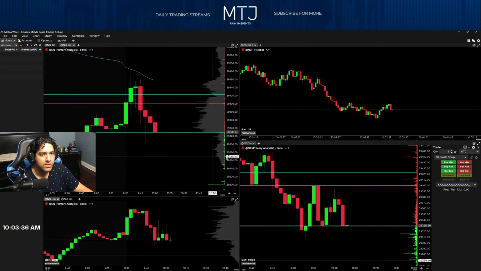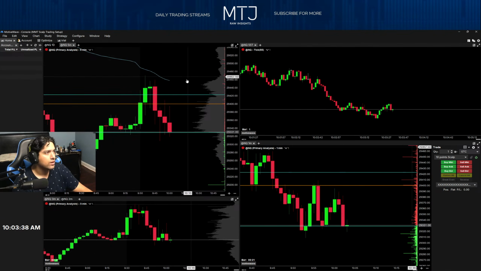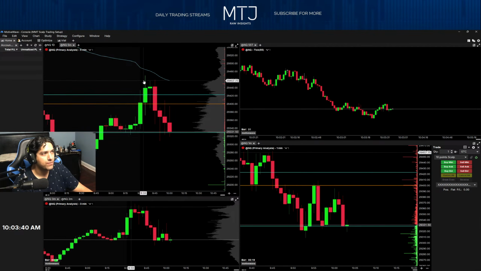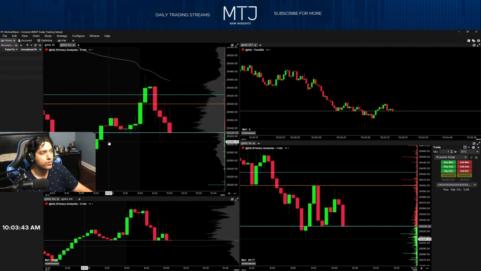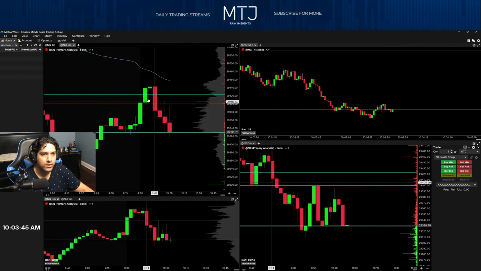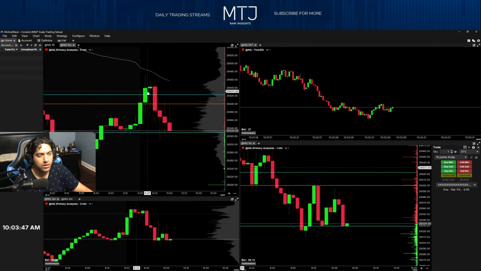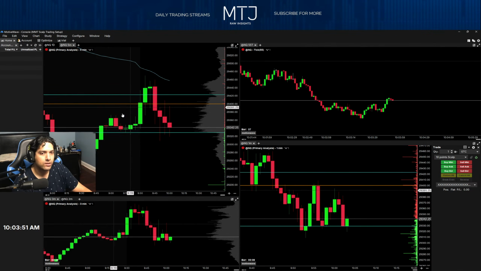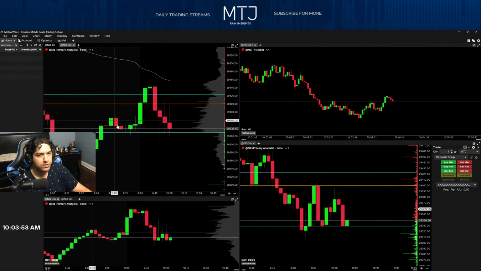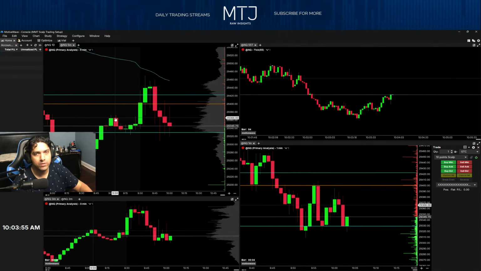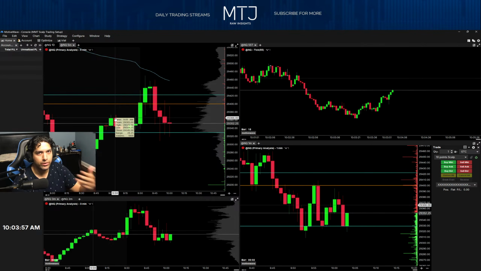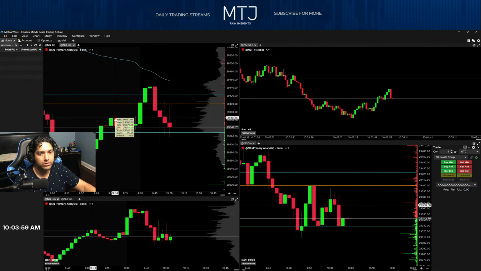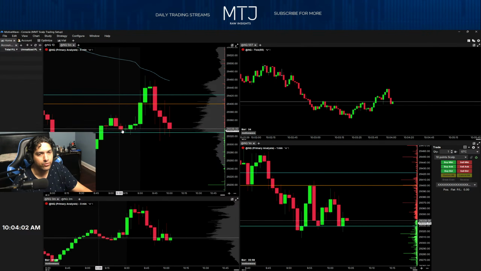Could I give you some examples of order blocks? Yeah, for sure. Here we have a move upwards. Before the market had opened, we had a move upwards, and when the market opened, we had a move even further up. We cleared this previous group of red candles here. It could be one red candle, one green candle, or a couple of green or red candles in a row.